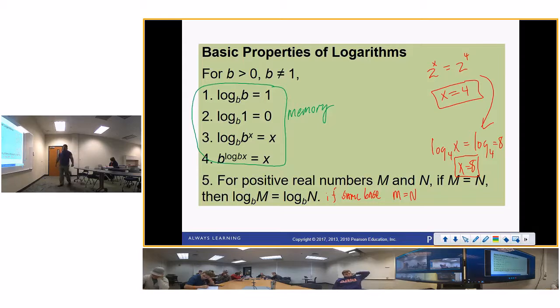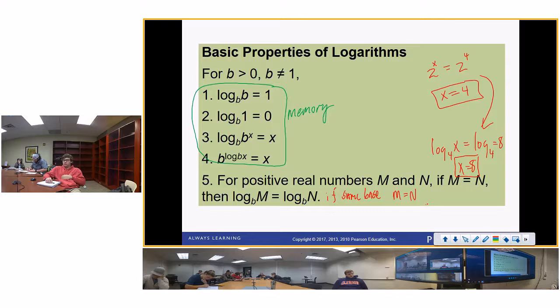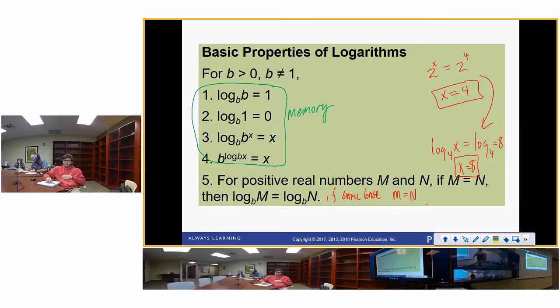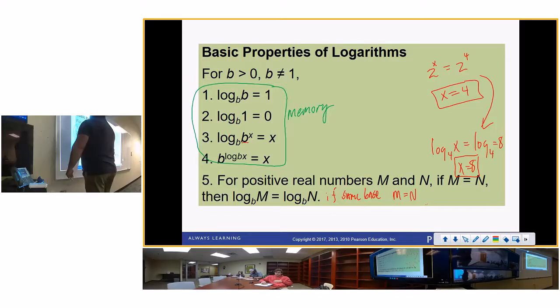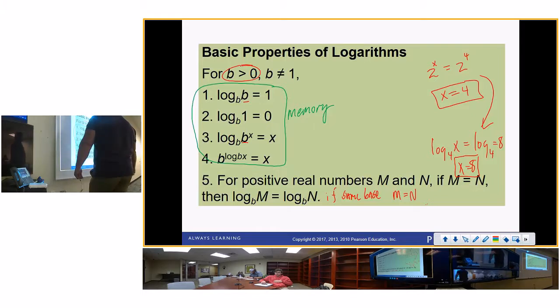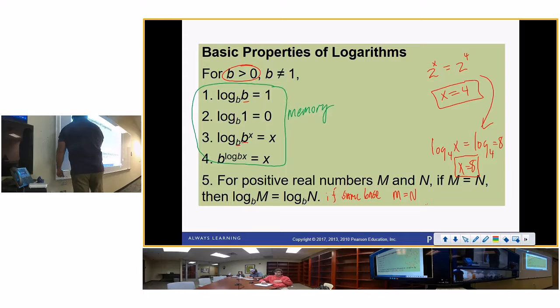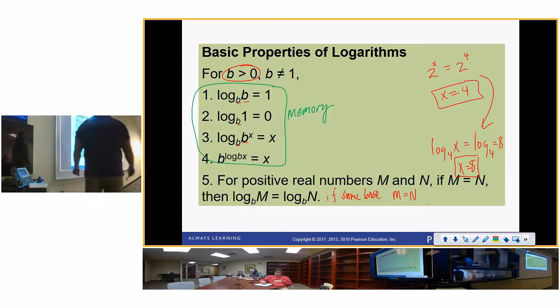Okay, that's what the last one says, number 5. And you cannot take the log of a negative number. Right here, b has to be above what? 0. And you never, ever have a base below, your base is always positive.